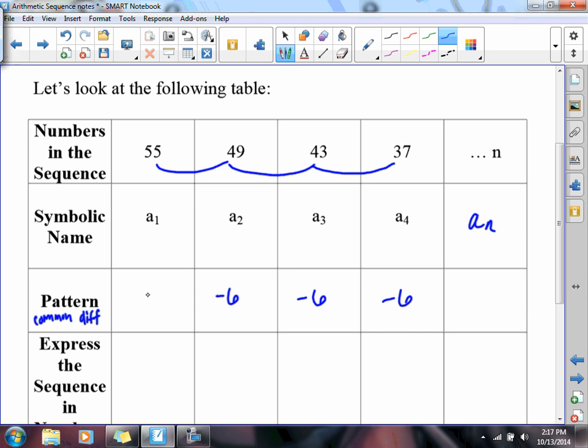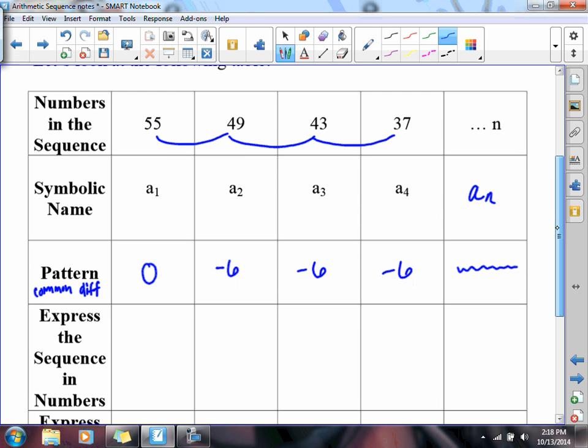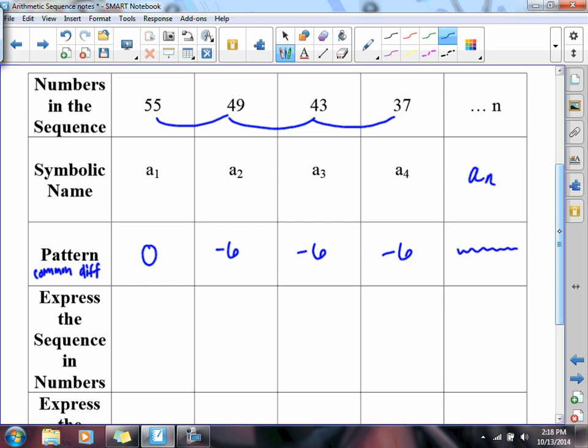Now, really, in this first spot, I'm not doing anything. I'm not subtracting anything because that's the number that I'm starting with. For now I'm not going to fill in that n part of the table. But now I do want to think of how I could express this sequence with numbers.